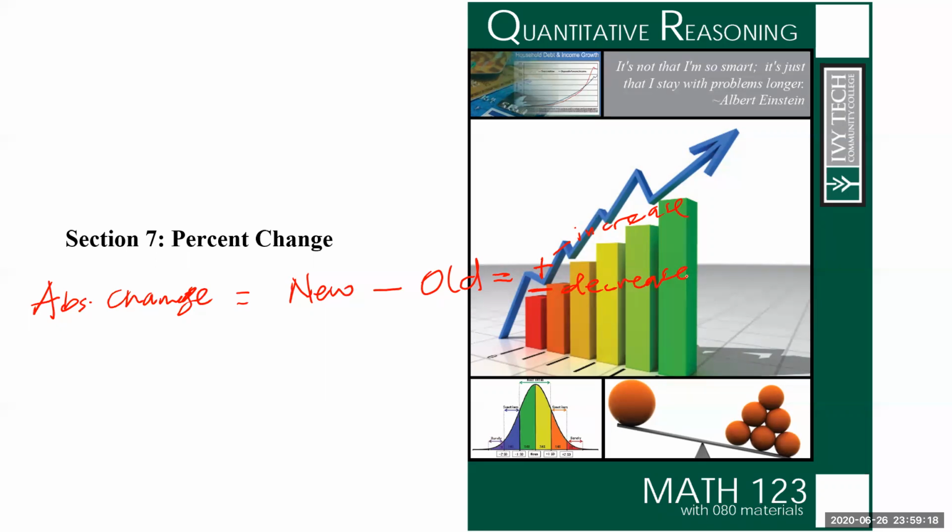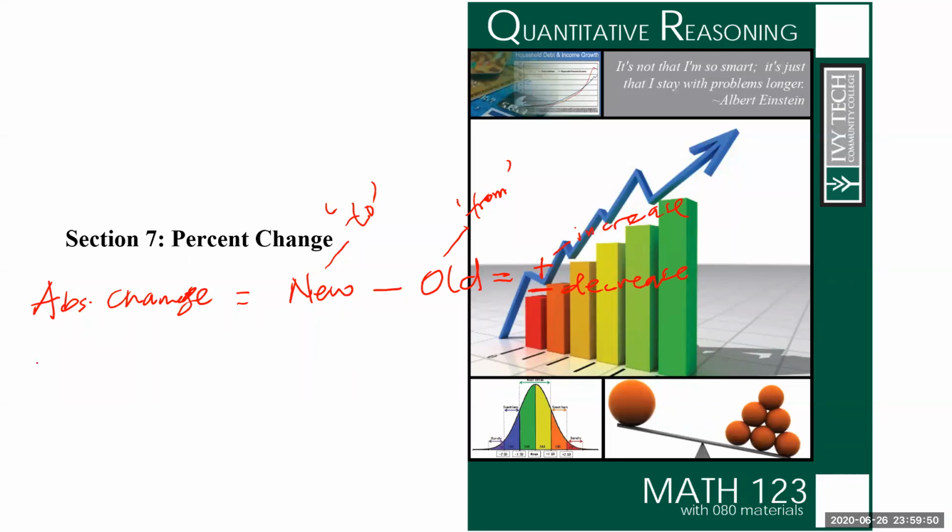Now we also spoke about relative change. But before I do that, let me give you some words that will help you to identify what's your new and what's your old. If you see "to" when there's no time reference, it will help you to identify the new. And the word "from" will help you to identify the old when there's no time reference.